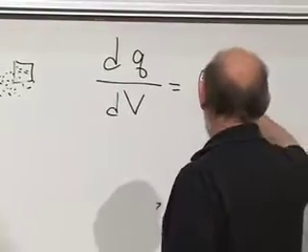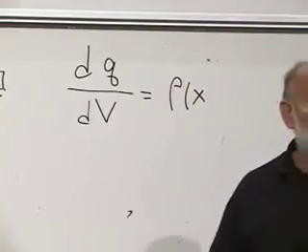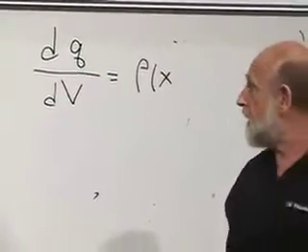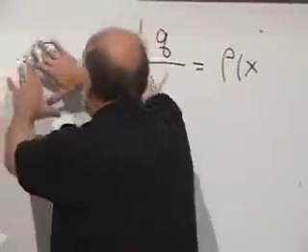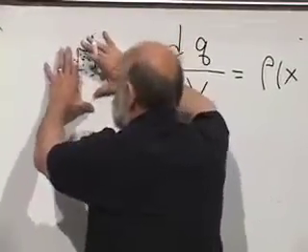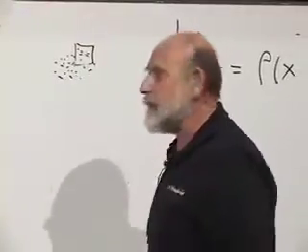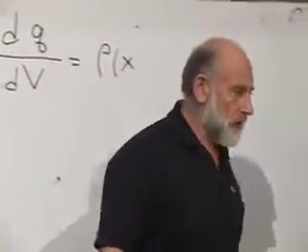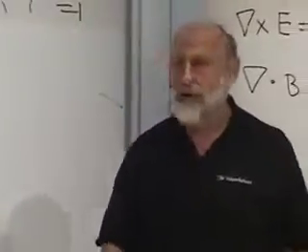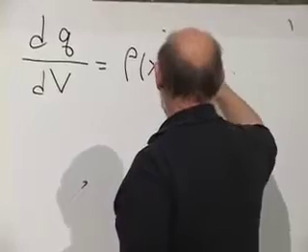And that charge density is itself a function of position, but it could also depend on time. How could it depend on time? Well, for example, charges could move from one place to another. This whole pile of charge could move over to here, in which case, if we stood at a particular point, the charge density would change. It would change from something to nothing. So the charge density also depends on the time.